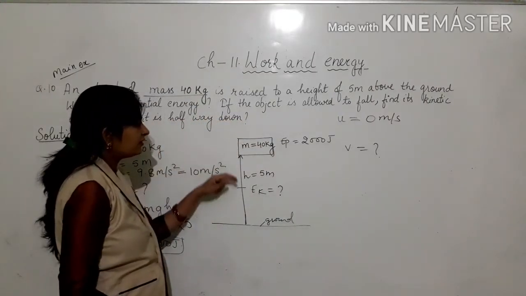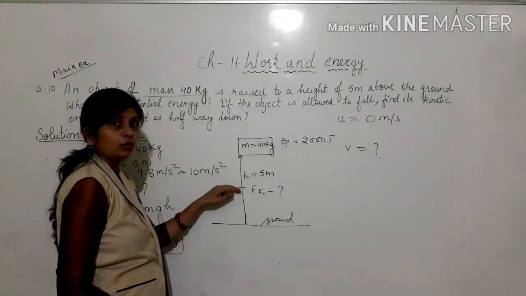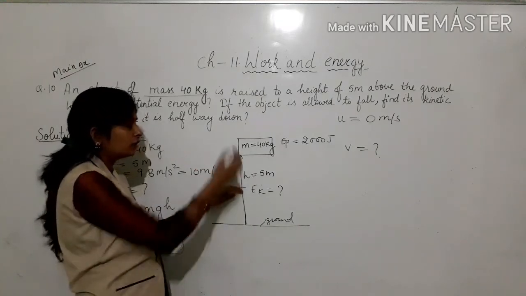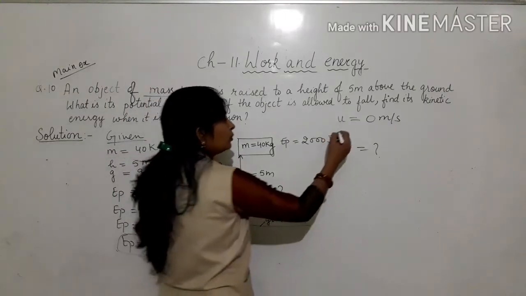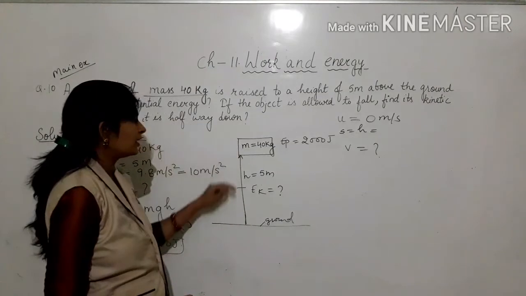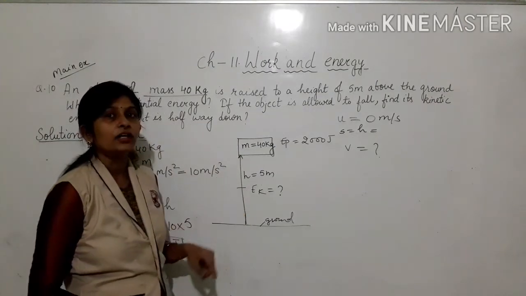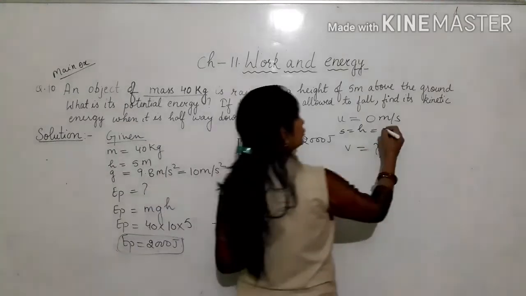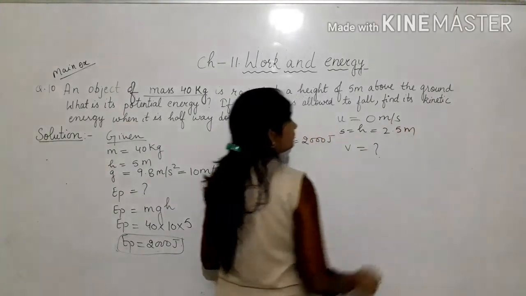When it reaches half path, half route, it covers half of the total height. So the displacement or height covered by the object is half of the 5 meter, that is 2.5 meter.